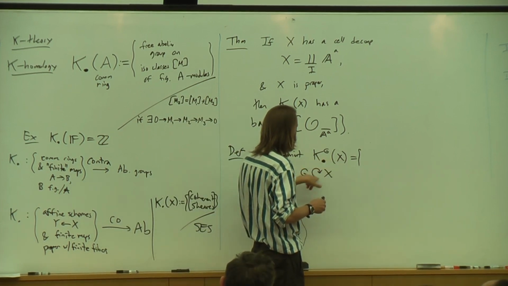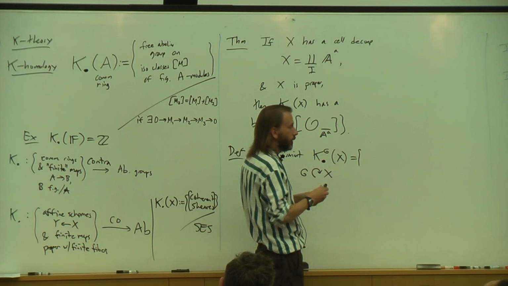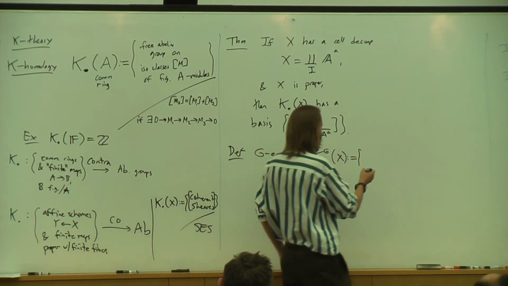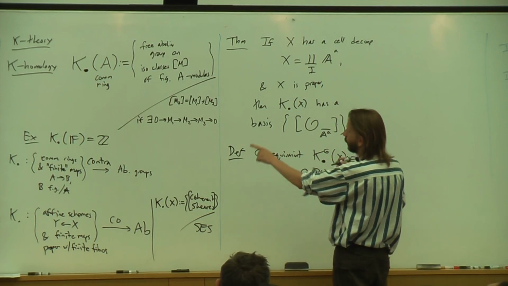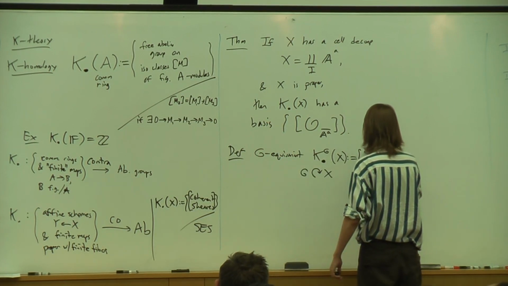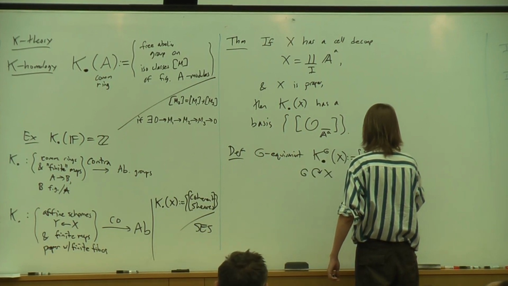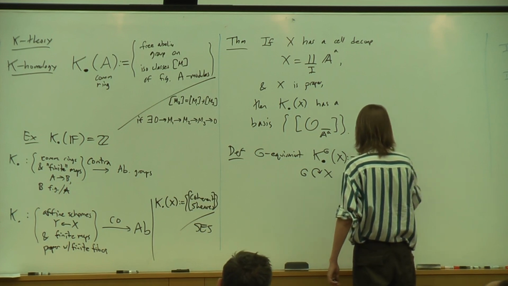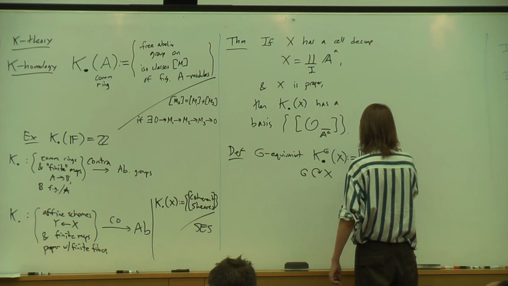I've got G acting on a space, and I'm going to define the G equivariant K-theory: I stick G equivariant sheaves on here. Coherent sheaves, classes of coherent sheaves, the Z module, whatever.